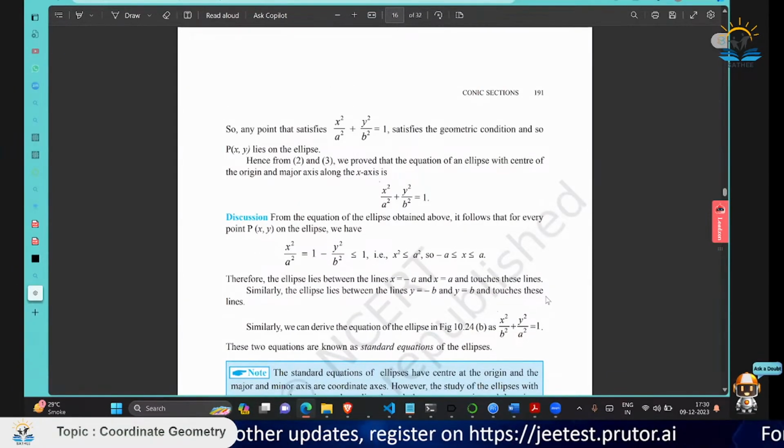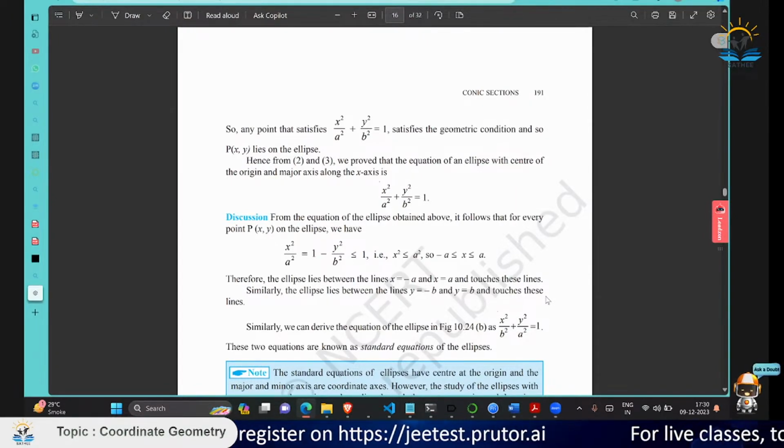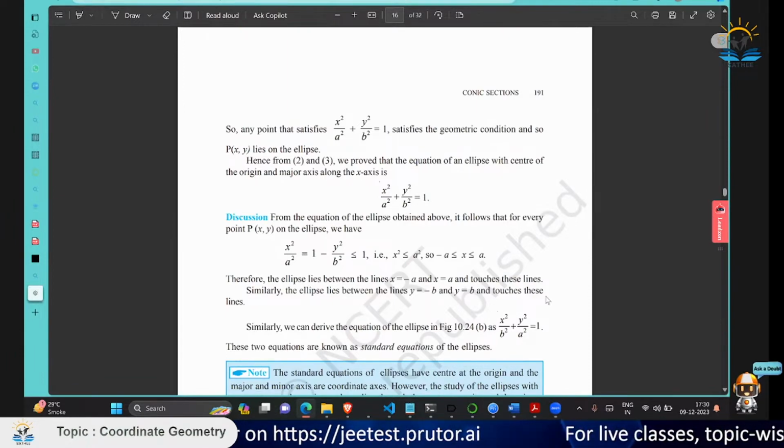And in case of the second standard ellipse, it's just the reverse. Here it's x square upon b square plus y square upon a square is equal to 1.